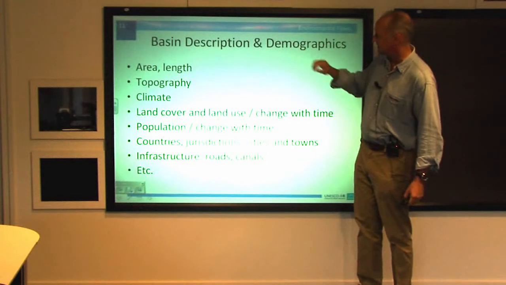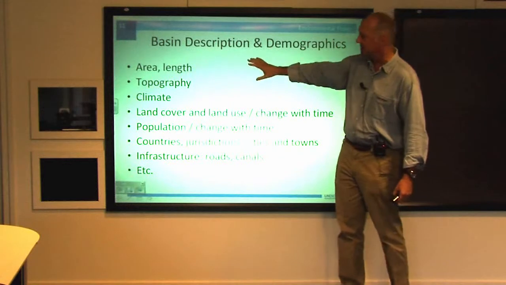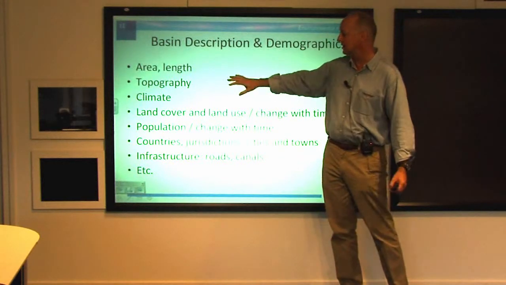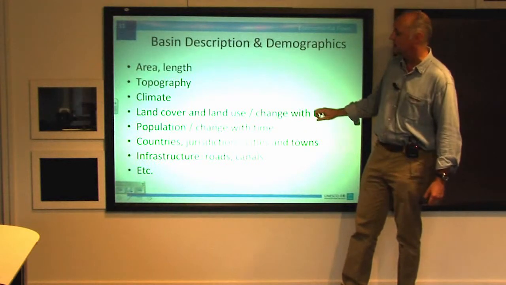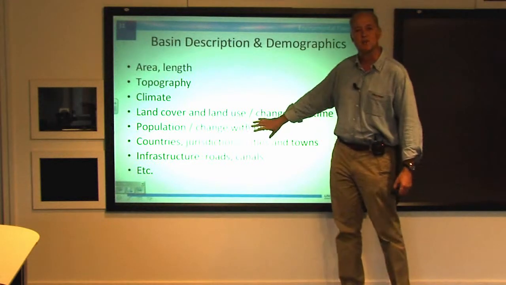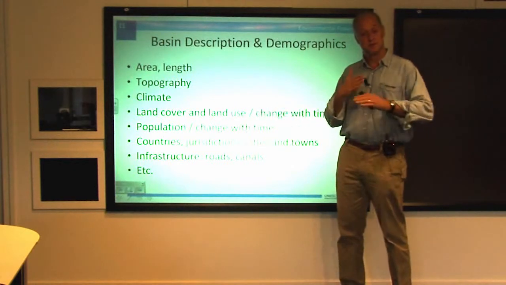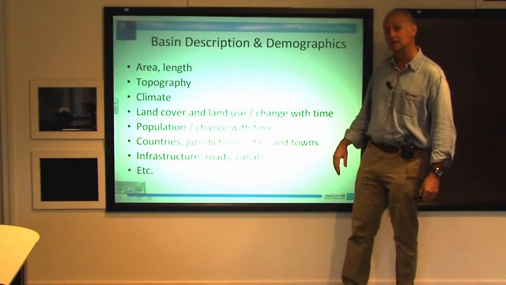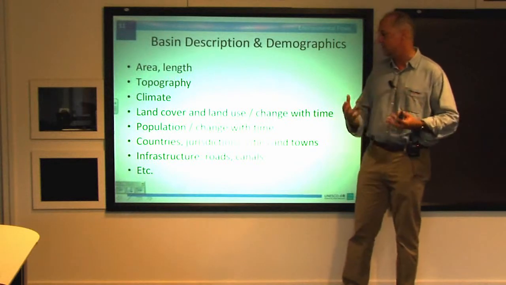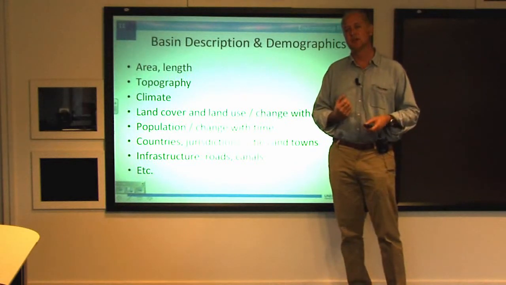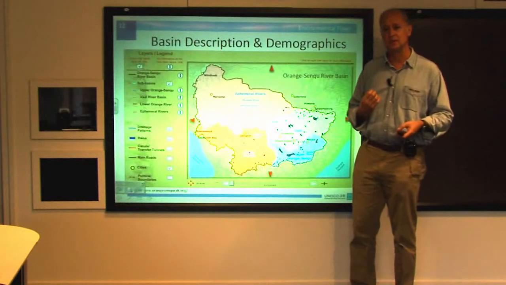So a basic basin description, learning something about the demographics of the basin, its area, its length, what the topography is like, a sense of the climate, information about the land use, land cover, and how that's changing, information about the population and how it's changing, what countries might be incorporated into the basin, especially larger basins, what the jurisdictions within it are, big cities, infrastructure, roads, basic information that allows us to become familiar with this basin.